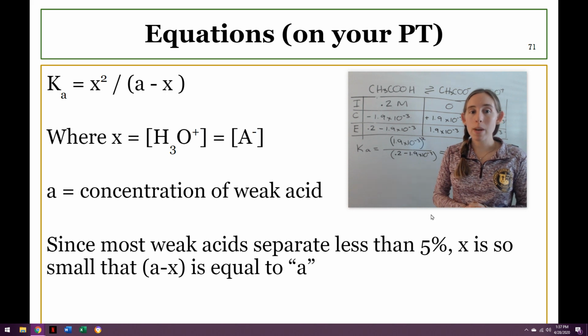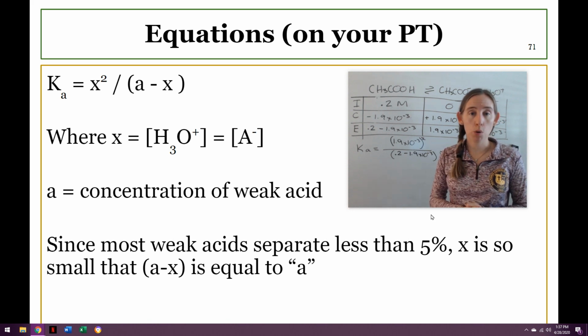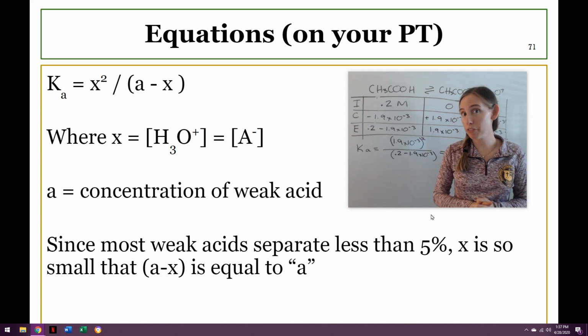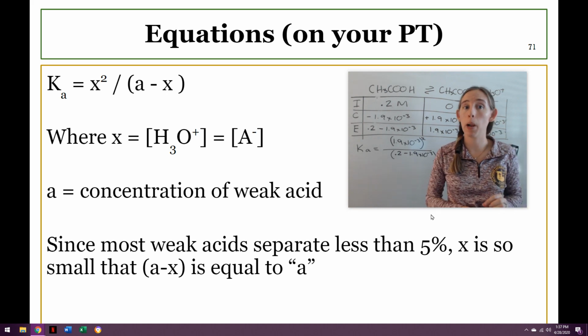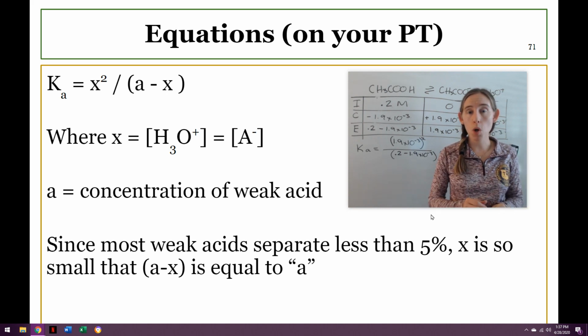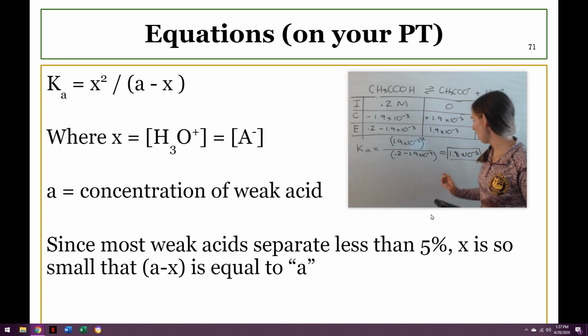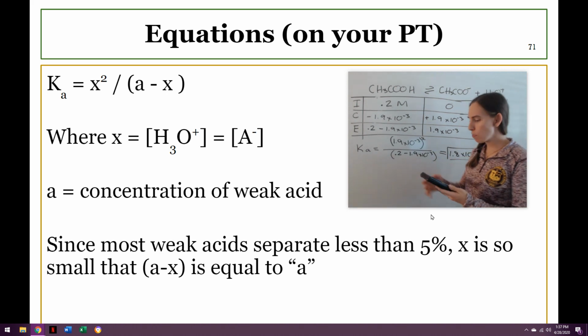Since most weak acids are going to ionize less than 5%, it's a tiny little number, x is so small that when you say A minus x, it's almost always equal to just A by itself, if we're still going to look at your significant figures. For example, let's try that. Take your 0.2 and subtract 1.9 times 10 to the negative 3.